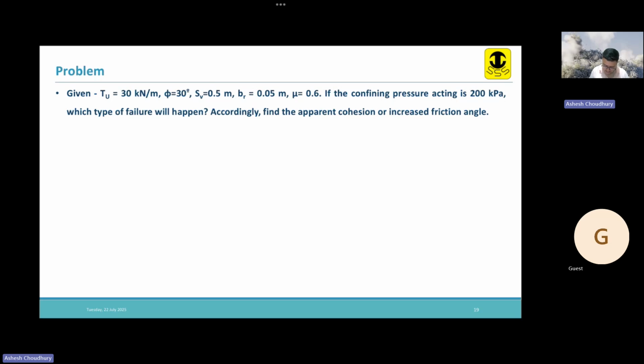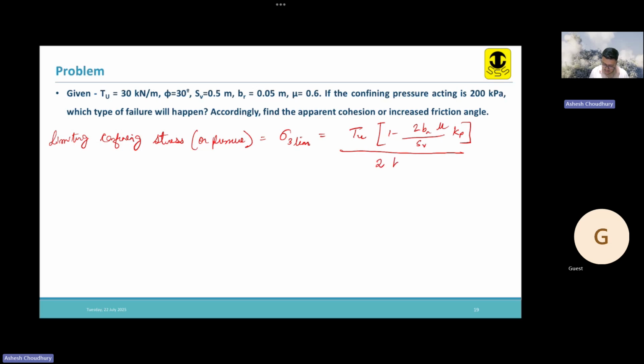So the limiting confining stress, or pressure, limit is what? Tu times (1 minus twice PR mu) Sv, divided by twice PR mu Kp.